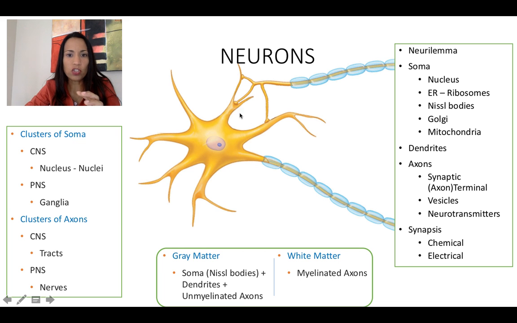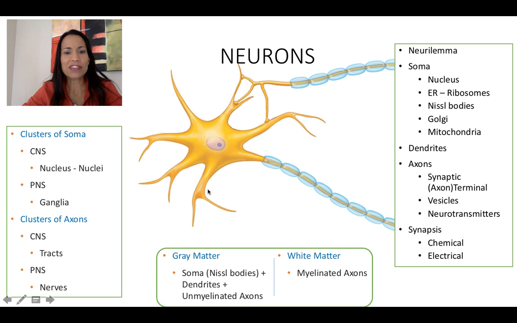And a cluster or a group of soma or cell bodies in the central nervous system is called a nucleus, or nuclei. Now, don't be confused with the nucleus of the cell. Clusters of, and this is important to understand the rest. I know now it's kind of, what is she talking about? But it will make sense.